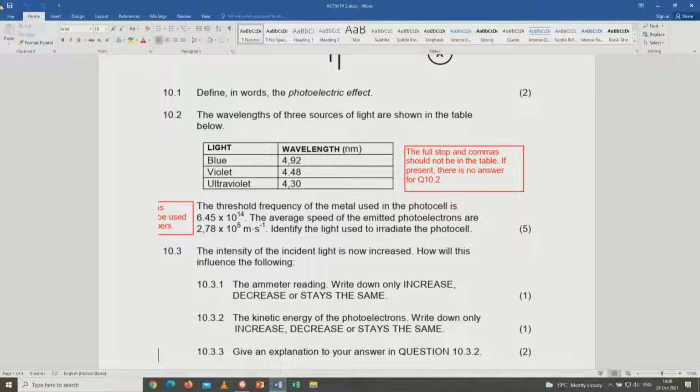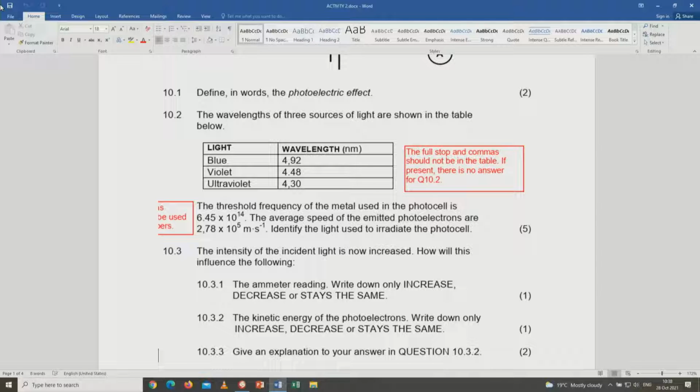The reason is that intensity only affects the number of photoelectrons released per second. It does not affect the kinetic energy or the speed of the photoelectrons. The speed and kinetic energy will only be affected by changes in frequency, and to change the frequency of light, you have to use a different light.